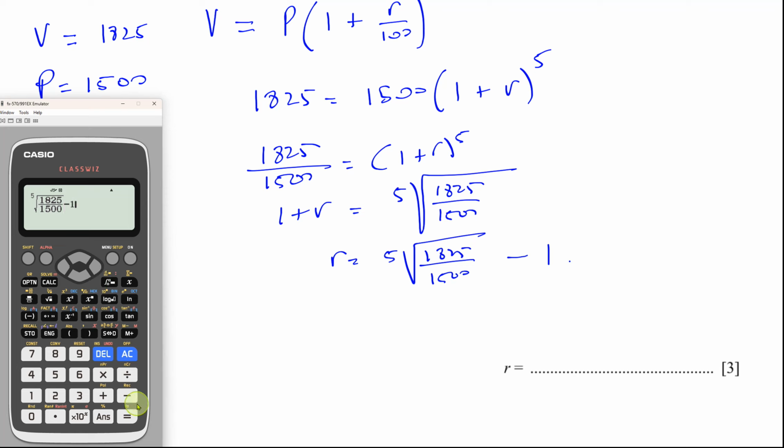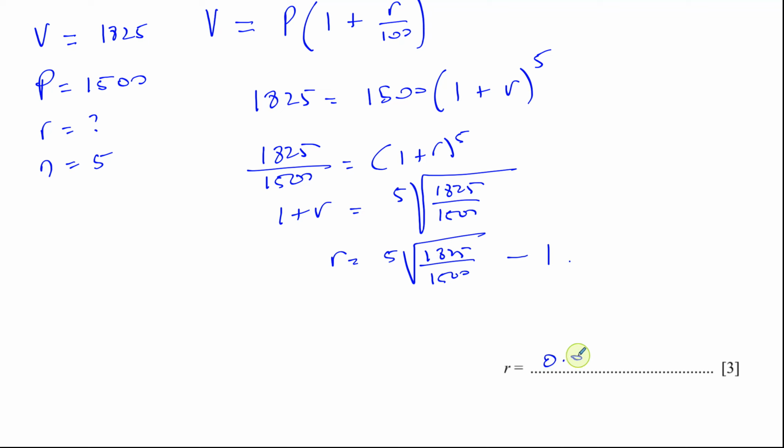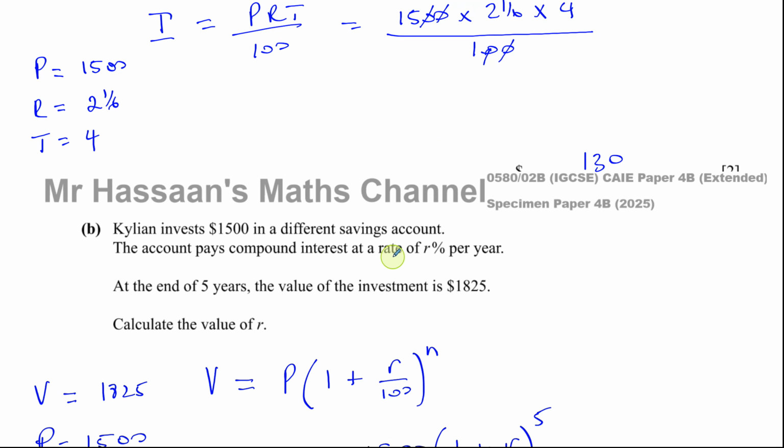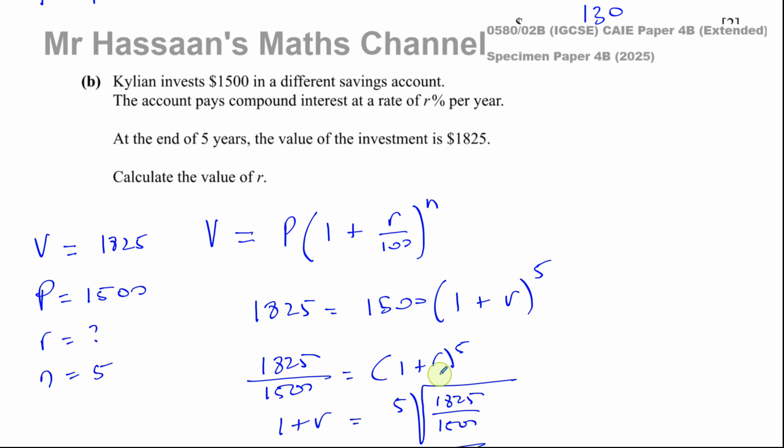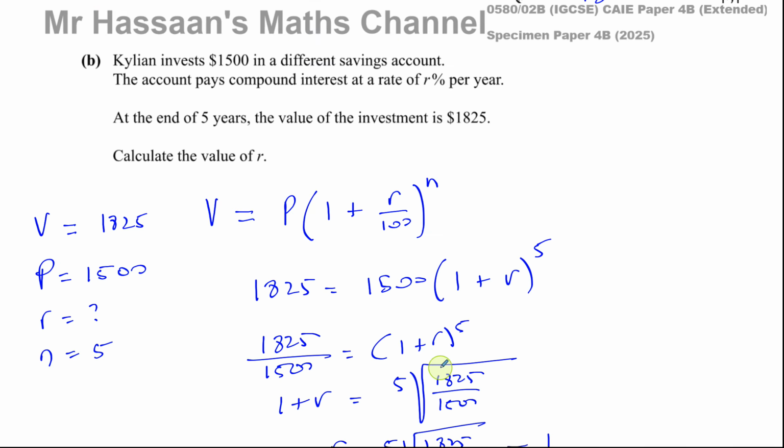Okay, so that will give us the rate, which is 0.04. Okay, so 0.04. That was the rate of interest, which caused this to become from 1,500 to 1,825 in those 5 years. So there's your answer to part B of this question.